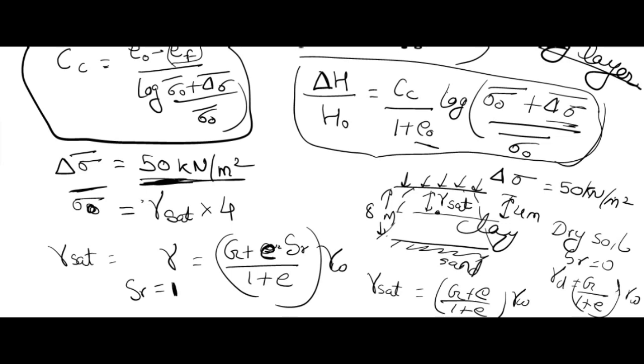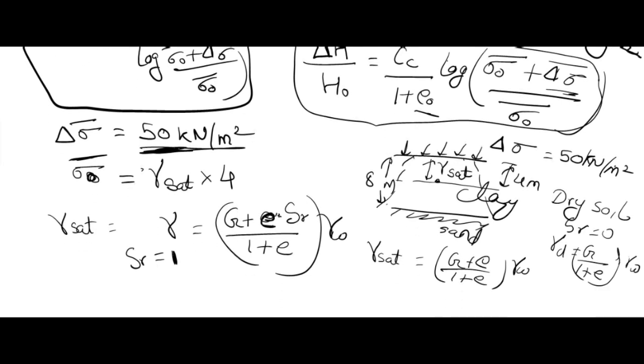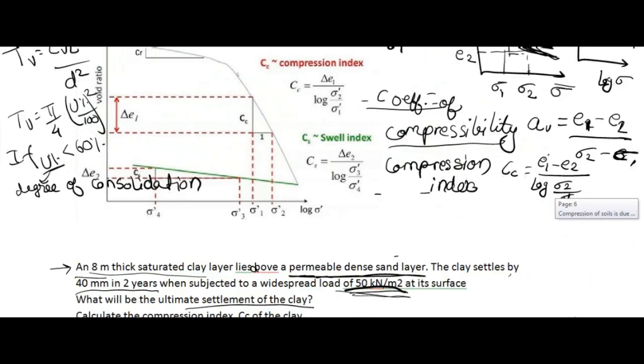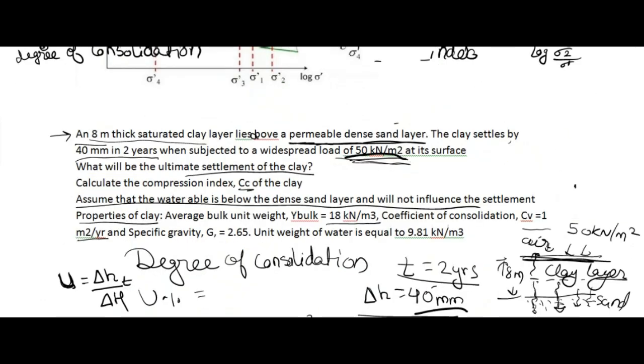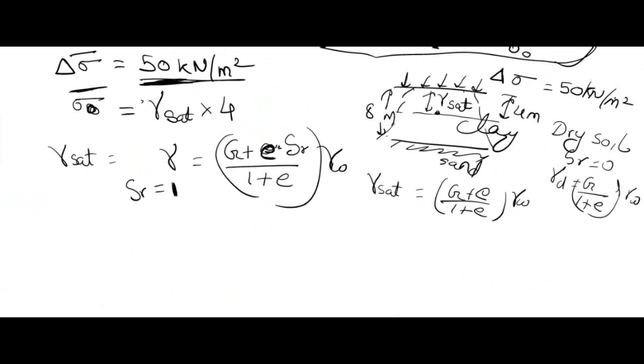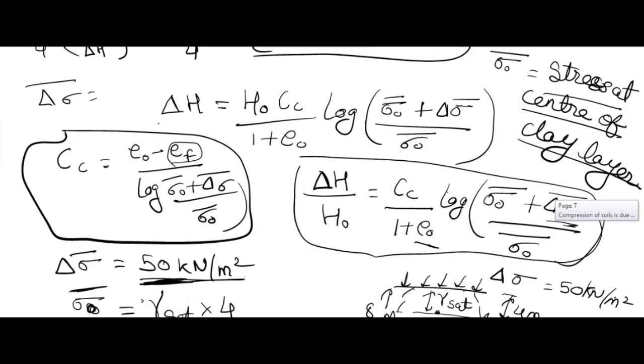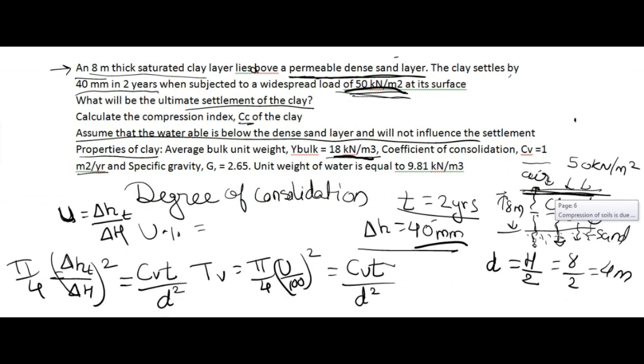Okay, so now since the soil is saturated and we have the unit weight of the soil, given as gamma bulk, that is 18 kilonewton per meter cube, we can find the initial void ratio. Gamma saturated is 18 kilonewton per meter cube, which is equal to (G plus e) by (1 plus e) into unit weight of water. The specific gravity is given as 2.65.